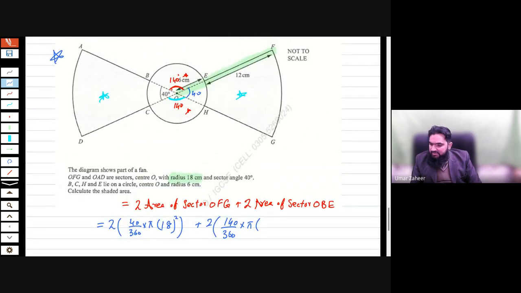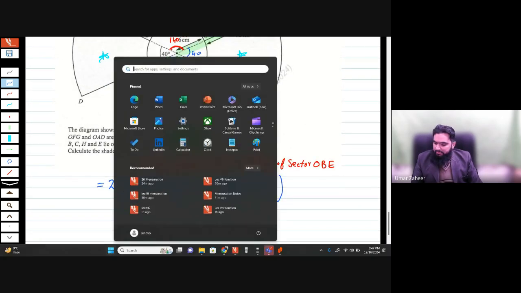plus 2 times 140 divided by 360 into pi r square for the smaller sector. What is the radius of the smaller sector? 6 centimeter. That is going to be 6 square. Please find the value.